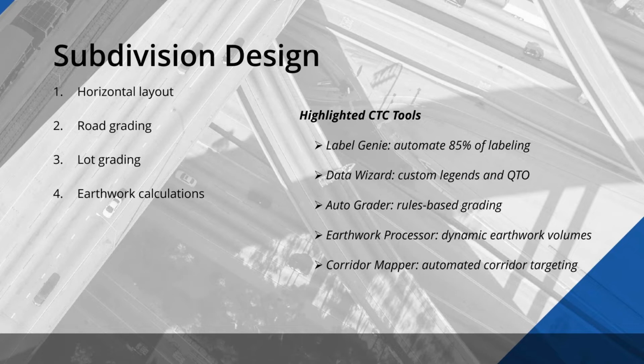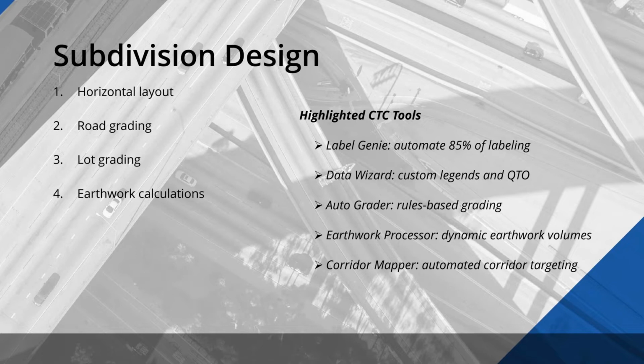So that overall process is starting with horizontal layout, moving into road grading, and then lot grading, finally some earthwork calculations. Some of the tools we're going to be highlighting are Label Genie, a tool that automates 85% of the labeling in your drawings; Data Wizard, which does custom legends and QTO; and AutoGrader, which is rules-based site grading.